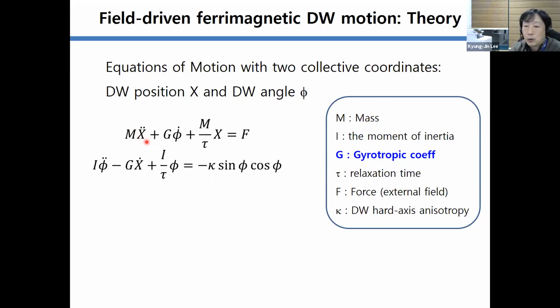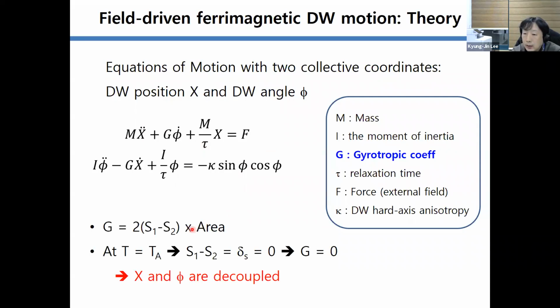This does not appear for the ferromagnetic domain wall, but because the ferrimagnet has antiferromagnetic texture, we have this one too. In these equations, the important term is G, called the gyrotropy coefficient, which is proportional to the net spin density. So at Ta, this net spin density, delta S, is 0, then G is 0. So I can drop these two terms here.